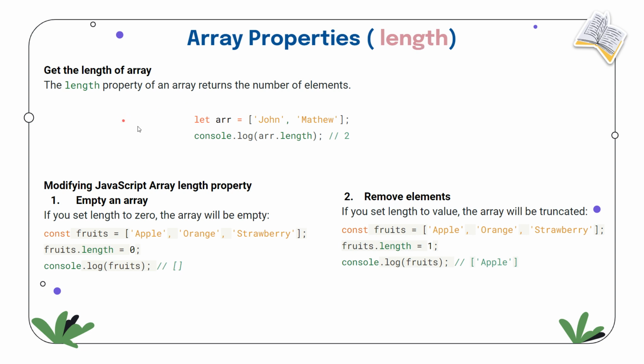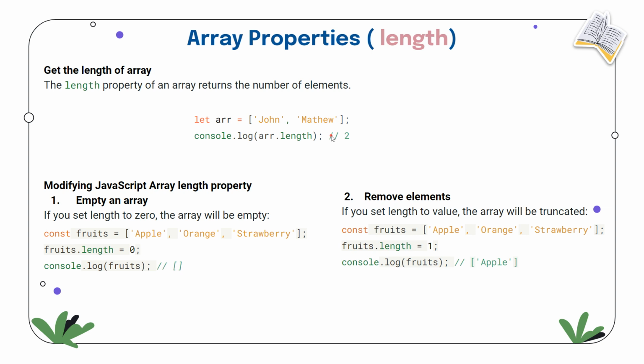Here we have an array ARR with two elements, John and Matthew. The total number of elements is the array variable name dot length, without any brackets, just length. This gives the total number of elements inside the array.